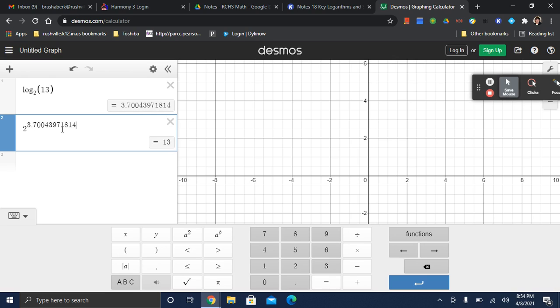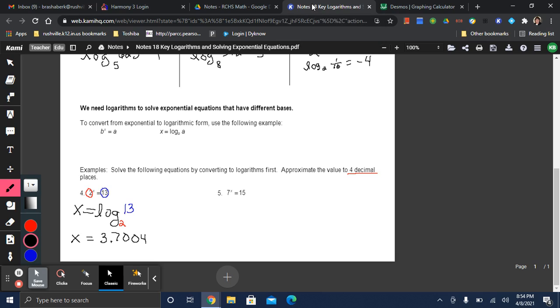So this exponent with a base of 2 would give us the 13. And without a logarithm, we wouldn't be able to know what that is. And although this may not seem like it's very important now, there will be problems where you'll need to know an exponent like this with a base that you can't make the same on both sides.